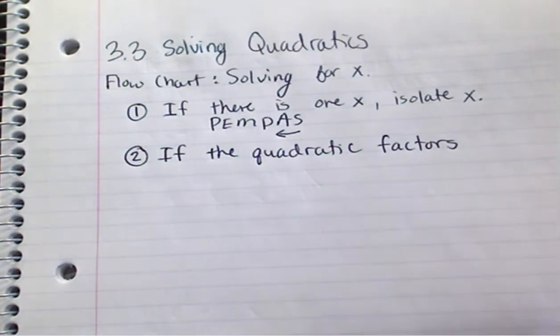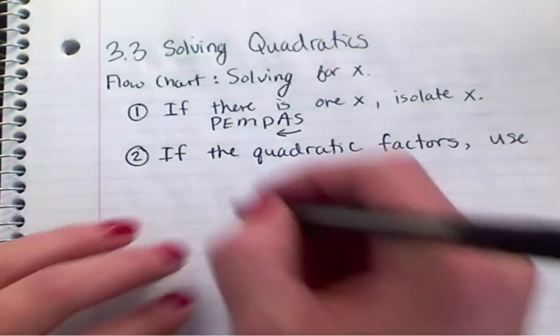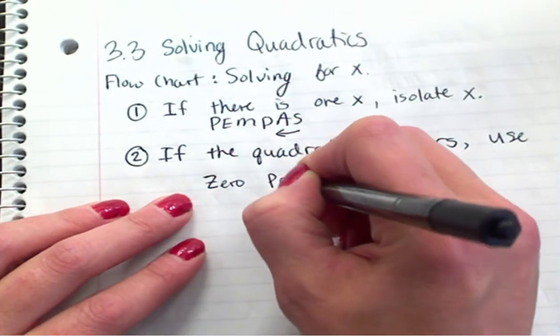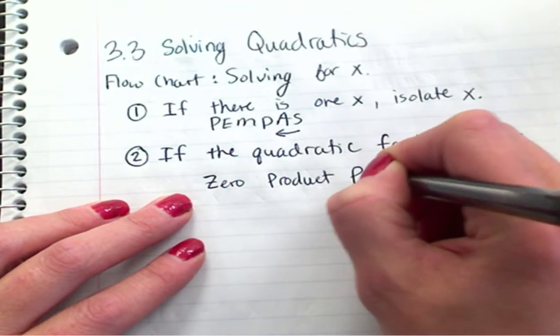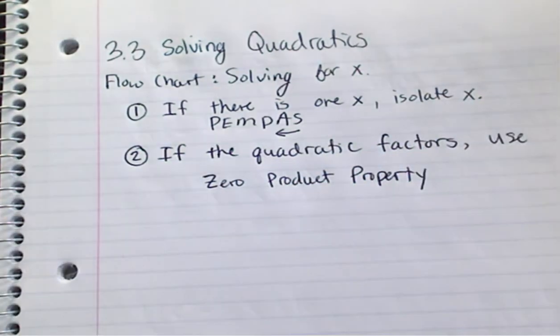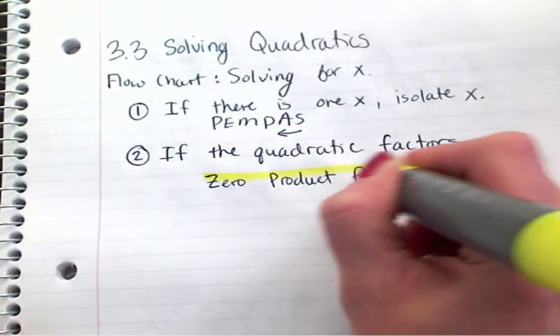So if the quadratic factors, we will use the zero product property. A lot of people ask me vocab that was on the PSATs, which is why we mention vocab in this class, because sometimes it comes up, okay?